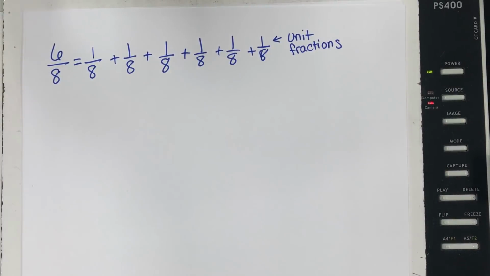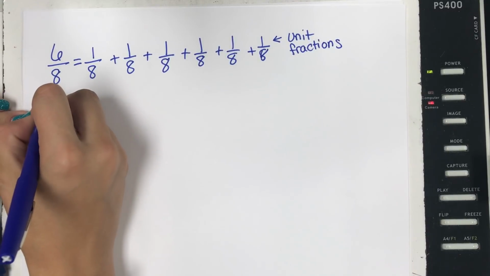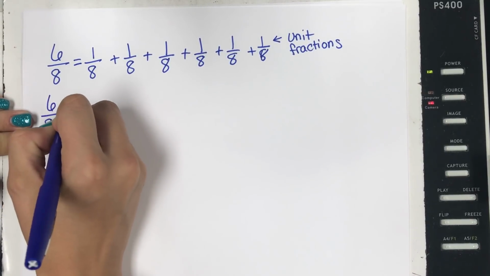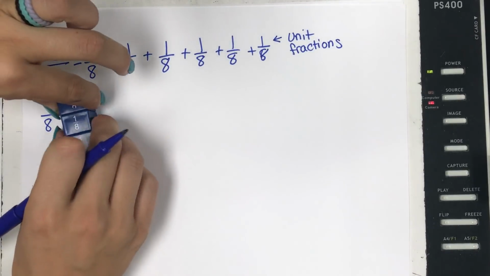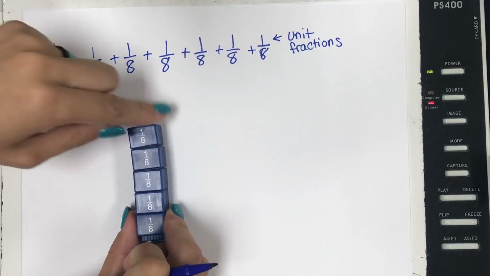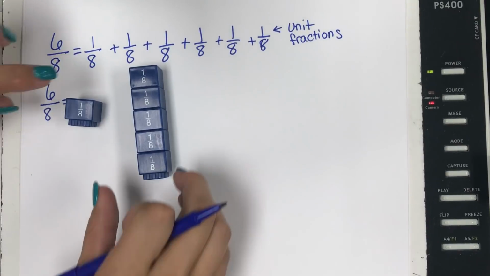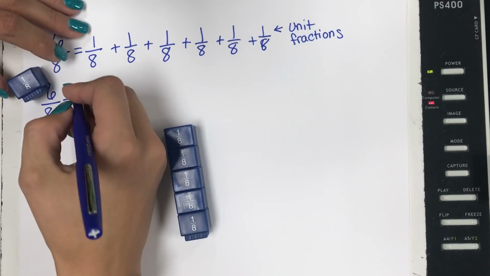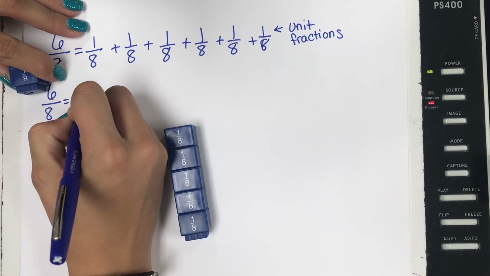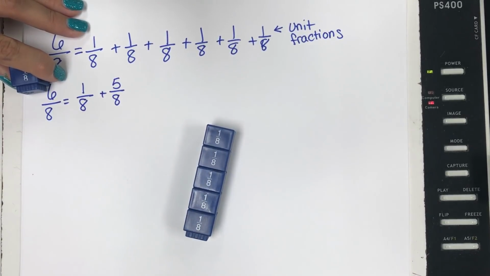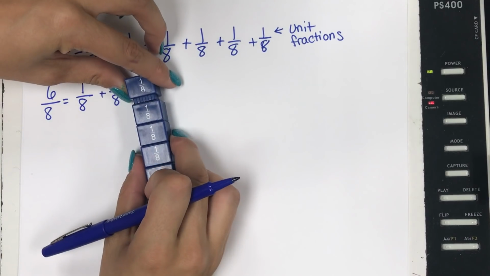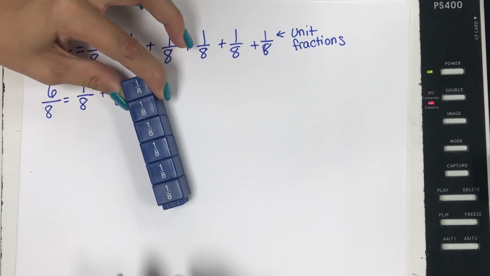Okay. Now, I'm going to go back to having 6/8 again. I'm going to think of different ways I could break that up. Could I say 1/8 plus 5/8? If I stick them back together, does it still equal 6/8? Yeah. 1/8 plus 5/8 is the same thing. Stick them back together, I get 6/8.